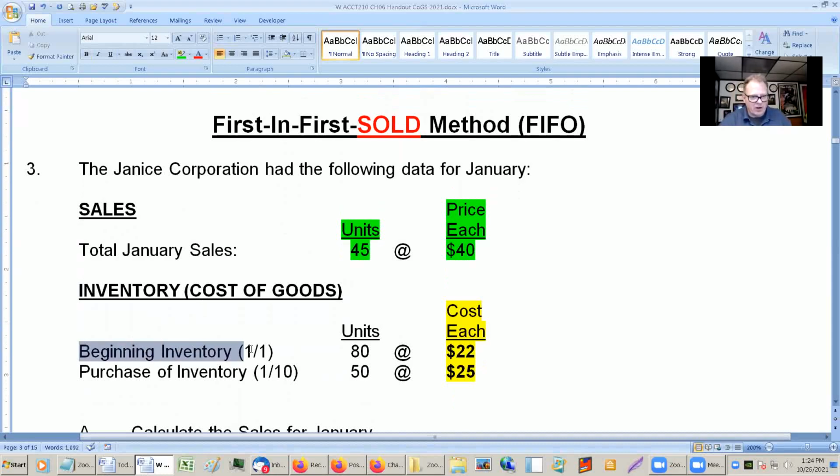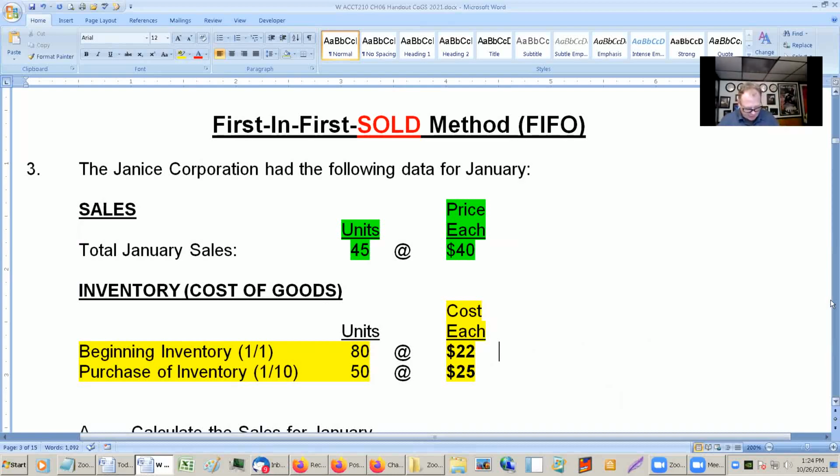Looking at our inventory, which ones were the first ones in? The beginning inventory on 1/1 or the purchase of inventory on January 10th? Beginning, good. So these are the first ones that are in.